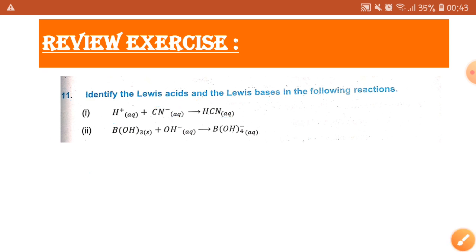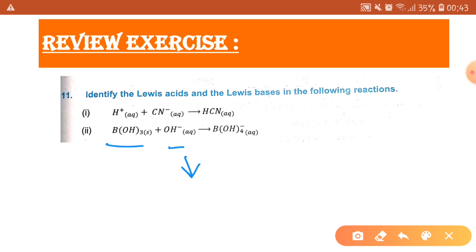Now in another example, we have boron trihydroxide and the hydroxide ion. We have read before that the hydroxide ion always acts as a Lewis base because of the presence of lone pairs of electrons on the oxygen atom.